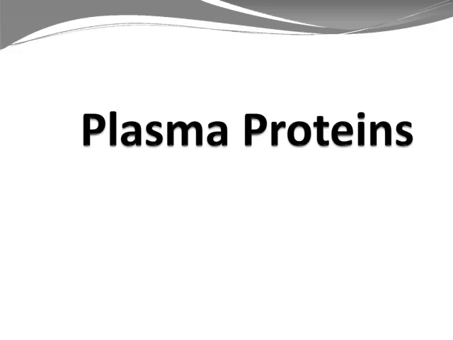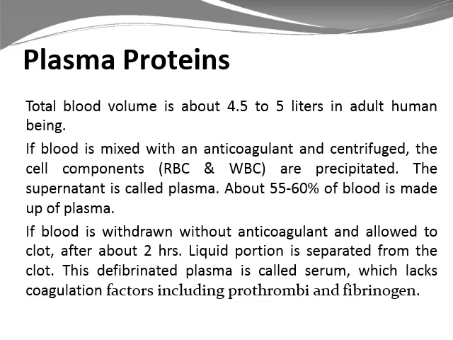plasma proteins. Now, in order to understand plasma proteins more, we first need to understand some features or characteristics of the blood. I think we all know that the total blood volume is around 4.5 to 5 liters in an adult.